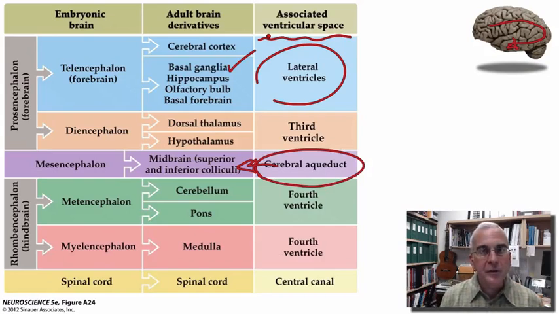So if you've not done so, go ahead and do that at this point, and we'll resume our discussion in this tutorial after you've had a bit of reinforcement of your ability to recognize human brain anatomy in the adult form and be able to relate that back to the embryological origins.